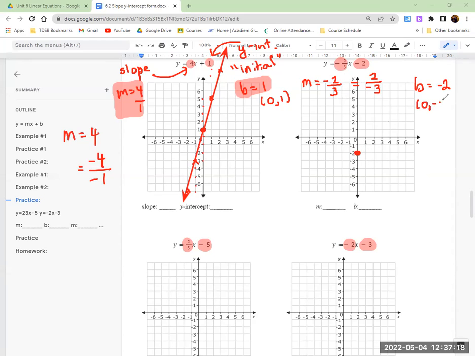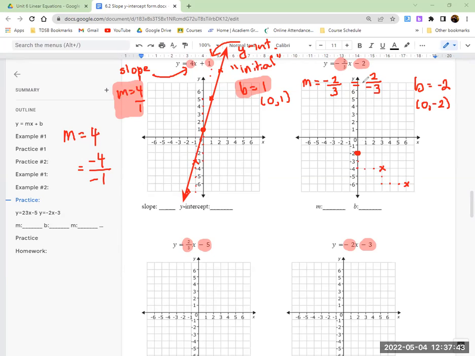The coordinate point (0, -2) is one of my points on the line. Let's do it. Rise is -2, run is +3. So I go down, rise of -2, and run of +3, and so on and so forth.